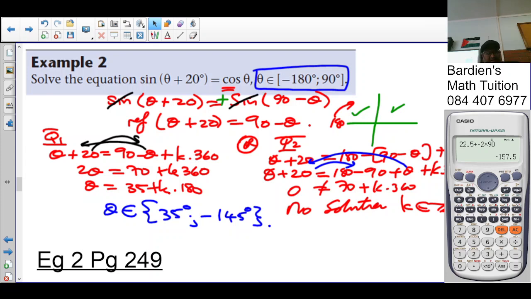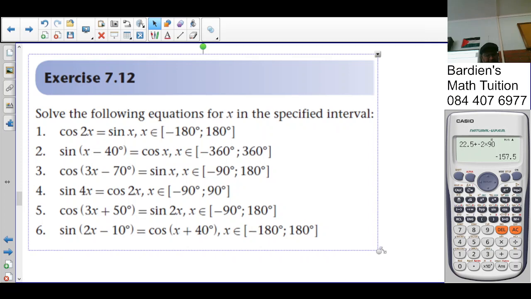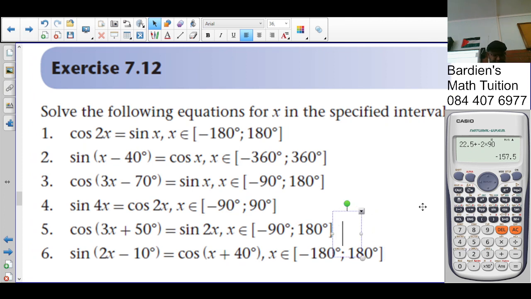Alright, so let's choose one to do out of exercise 7.12. Which one are we going to do together? 6, alright, we're doing number 6.